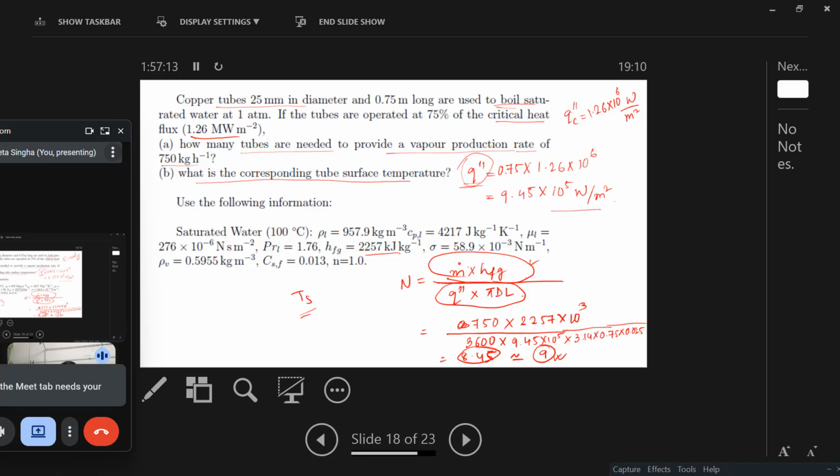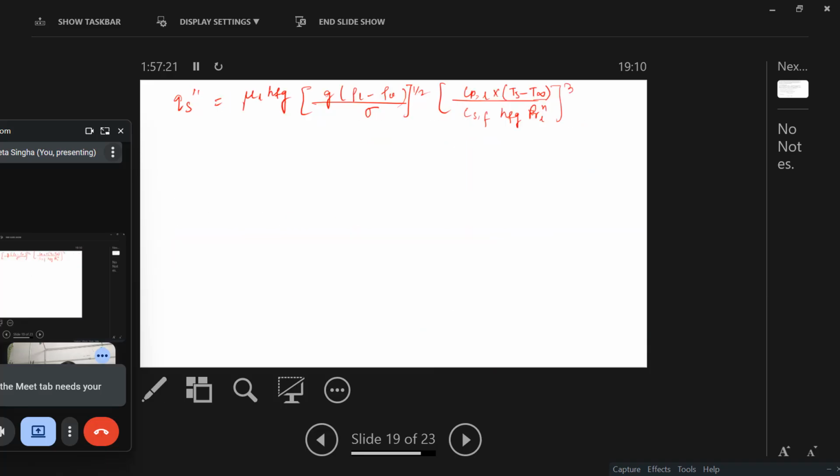So here, what is the T infinity? That is the saturated water only, that is used to boil. Instead of this, you can directly find delta T from here. Delta T only you can mention. So from here, how will you find delta T?